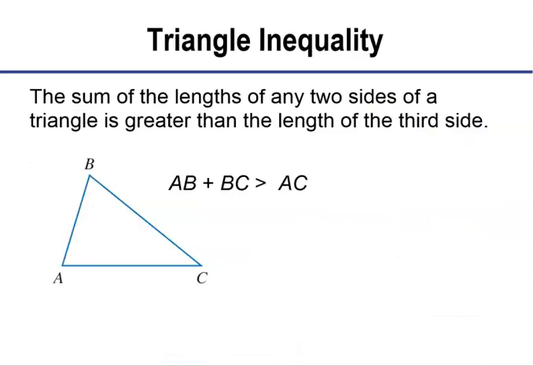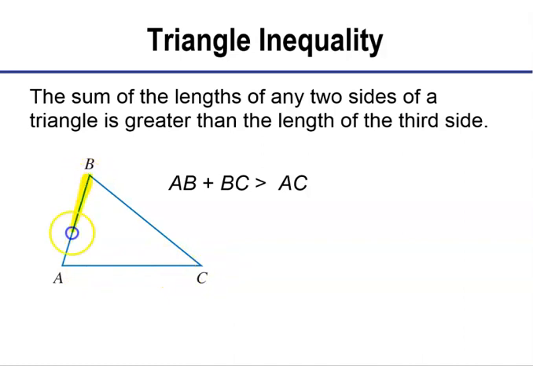Speaking of the triangle inequality, here it is, right? It says the sum of the lengths of any two sides of a triangle is greater than the length of the third side. Now notice, again, they got rid of the equal to. Why? Because, let's just say AC is the third side. Okay, I'm okay with that.